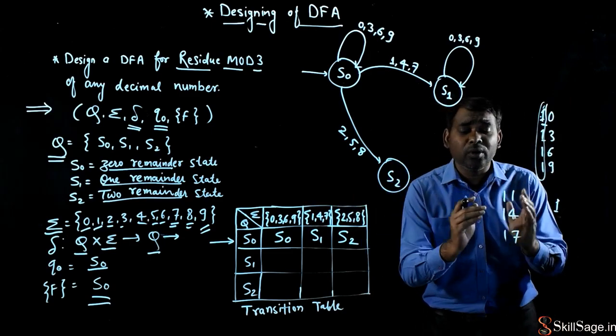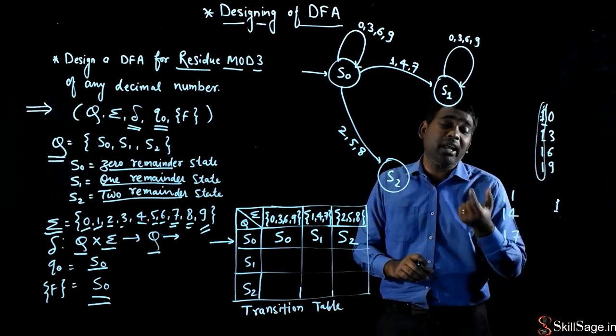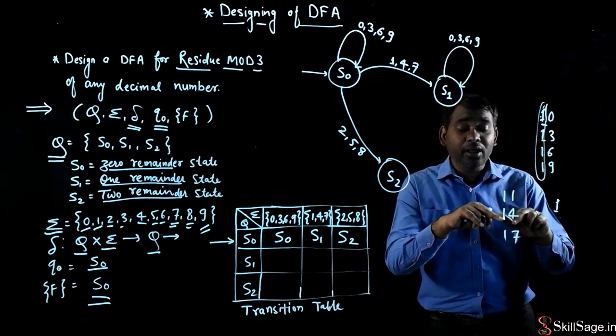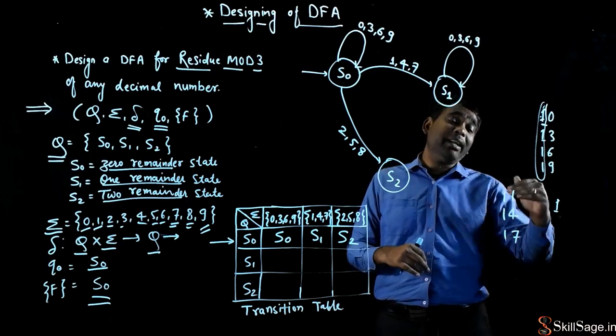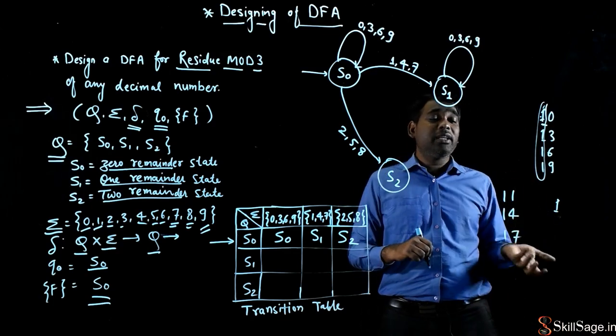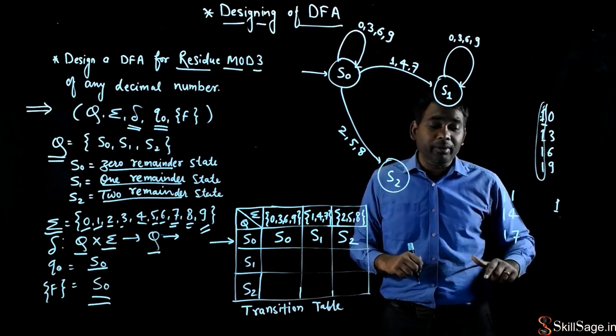Then what I need to do is club these two things together, the current state and the current input symbol, and form a new number. My number will be either 11, or 14, or 17. If I form this number, then I'll divide it by 3. If I divide any one of these numbers by 3, what will the remainder be? 11 divided by 3: 3 3s are 9, remainder will be 2.